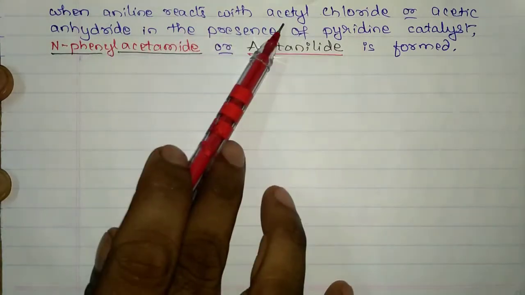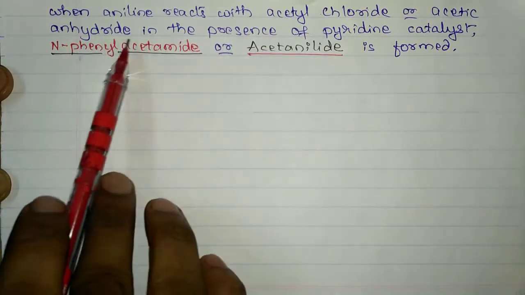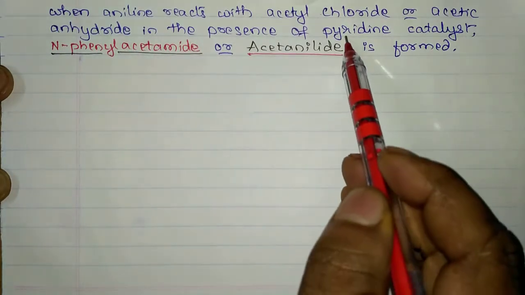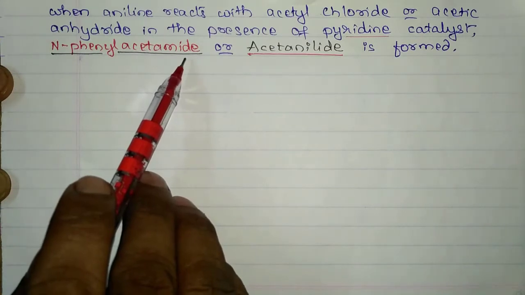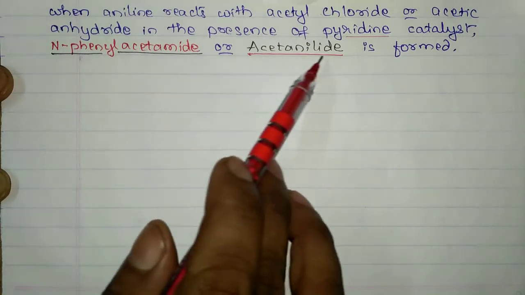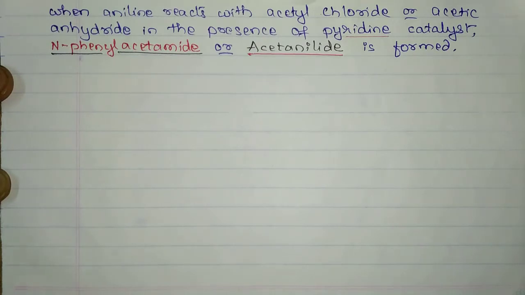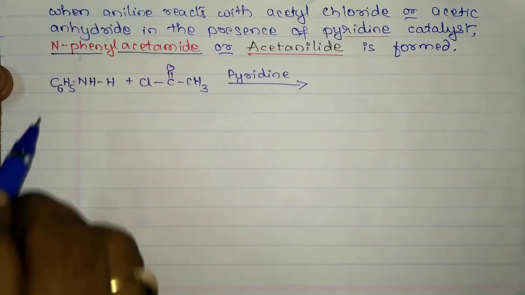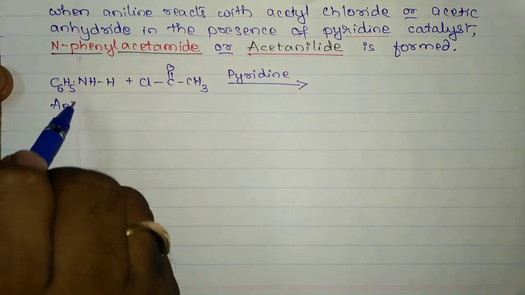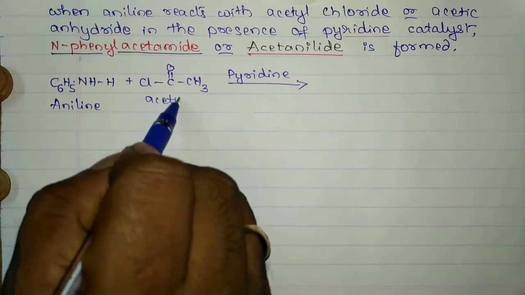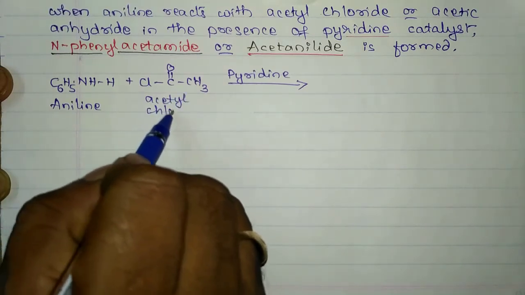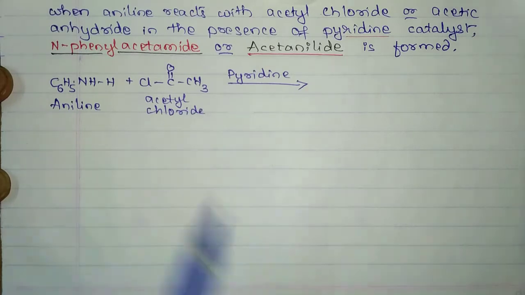When aniline reacts with acetyl chloride or acetic anhydride in the presence of pyridine catalyst, N-phenyl acetamide, or acetanilide, is formed. Aniline reacts with acetyl chloride in the presence of pyridine as a catalyst.